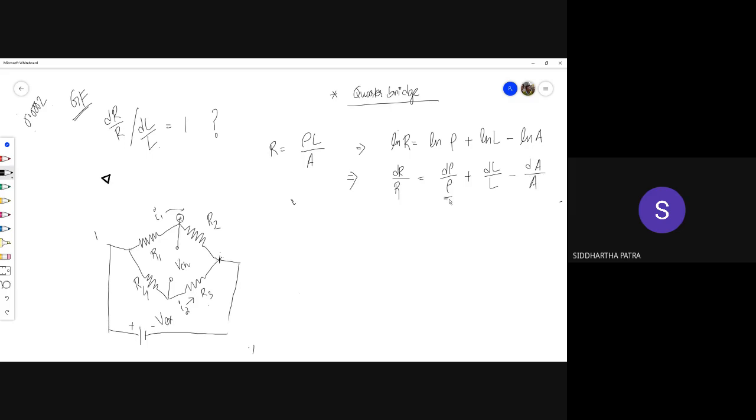I'll come to this one at last, but can you show some light on this one? Can you tell me what is the relation between this quantity and this quantity? You don't know what is the relation because of mechanical strain?